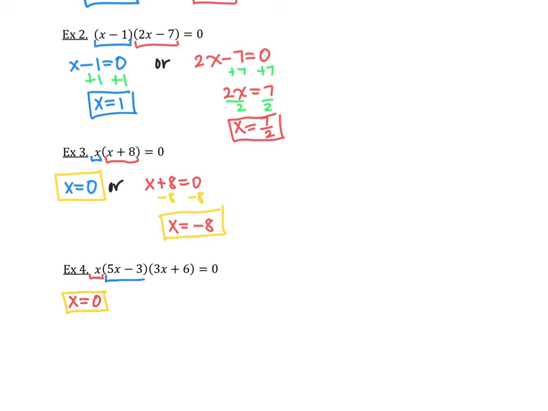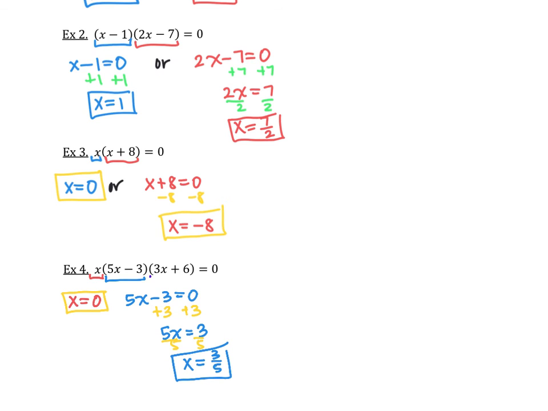For the next factor, it could be that 5x minus 3 is equal to 0. And I'm going to go ahead and solve this equation. 5x equals 0 plus 3, which is 3. Divide by 5. x equals 3/5 is my second answer.